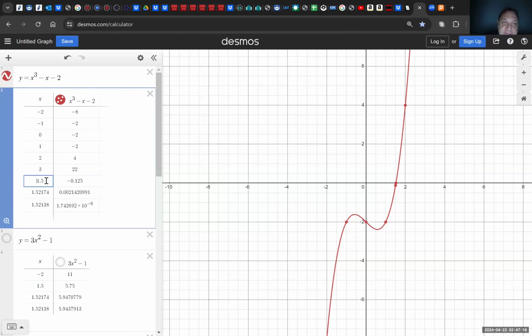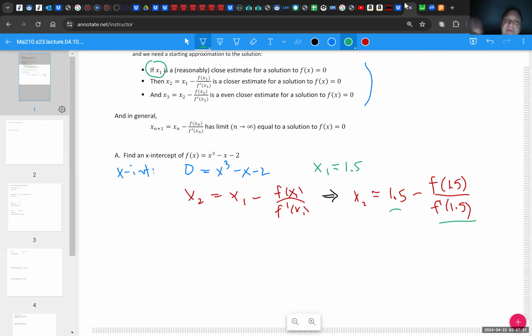So here's the value of the function at 1.5, right there, negative 0.125. So I need the value of the function at our guess. I need the value of the derivative at our guess. And let me just write down the derivative just here, just in case you are wanting to see what I'm doing. So the definition of the function is this, and the derivative is just straightforward.